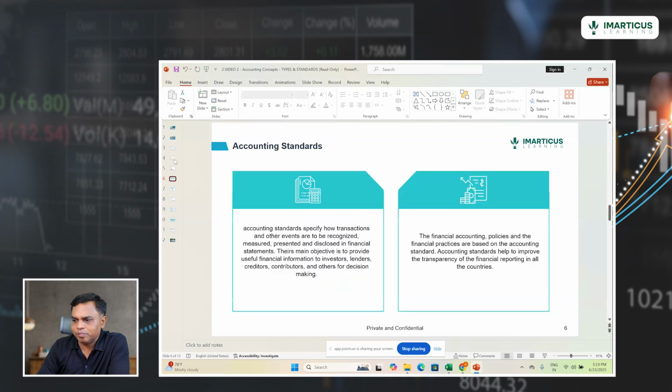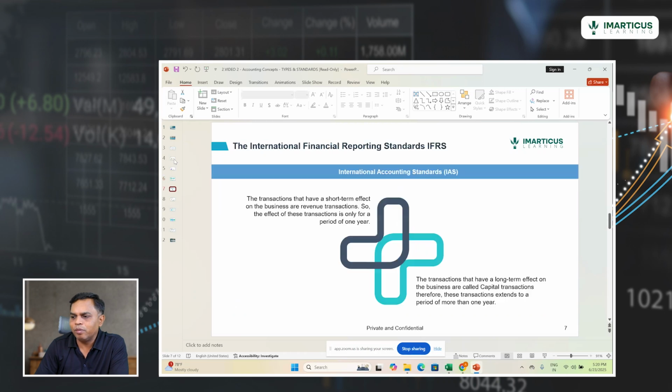Now, talking about accounting standards. What is an accounting standard? Basically, accounting standards talk about the accounting policies, procedures, and principles that need to be followed while performing the accounting duty. Across the world, there are two main frameworks. One is the very famous IFRS, which stands for International Financial Reporting Standards, which is followed across most of the countries in the world.